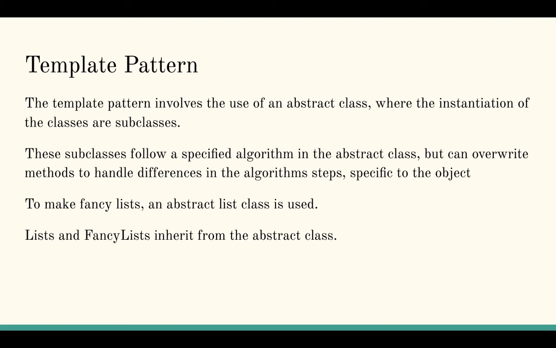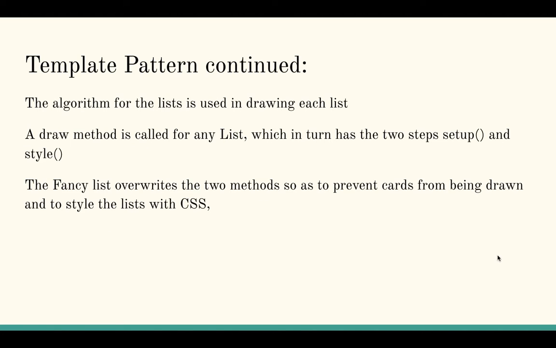So to make fancy lists, I'm using an abstract list class where lists and fancy lists are inheriting from this class, and the algorithm being done here is an algorithm for drawing the list, where we have the setup step and the style step, and the fancy list is going to override these steps in order to do something very slightly different from the normal list.